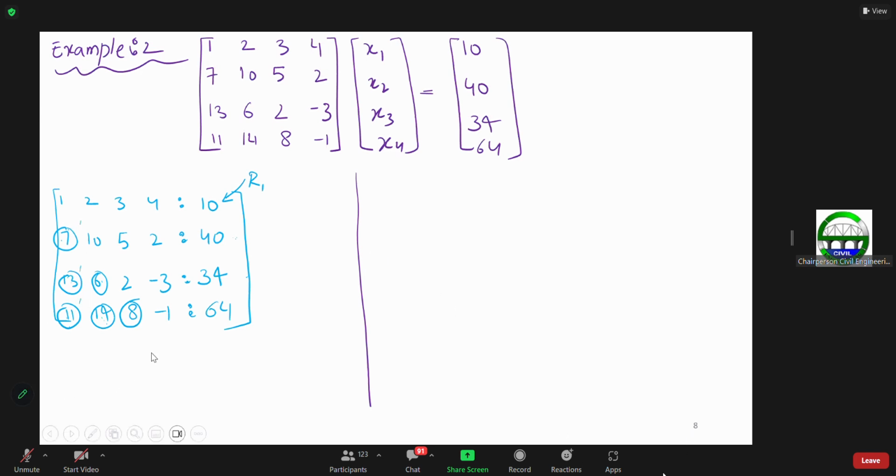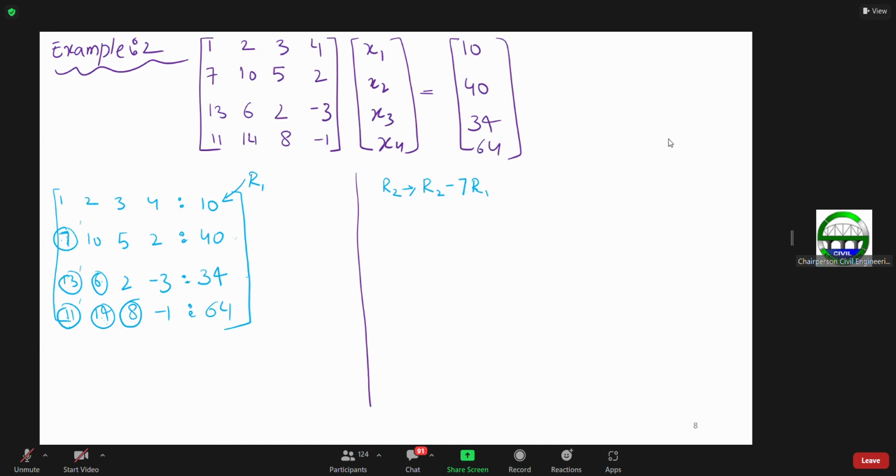So let's try our first step: we will make this one and this one equal to 0. For example, let's say this one is 7. If I want to make this one equal to 0, then my R2 will be equal to R2 minus 7R1. Is it clear?